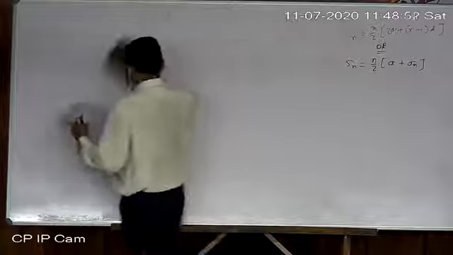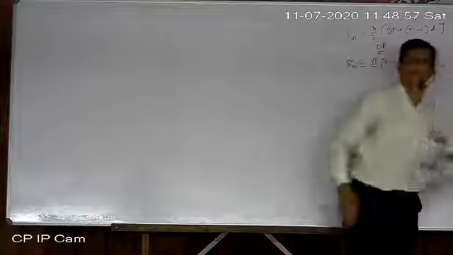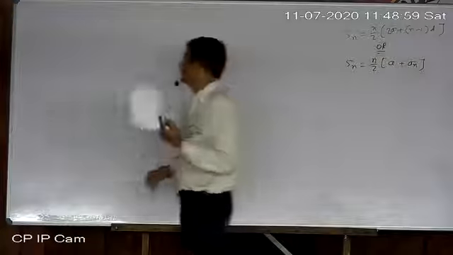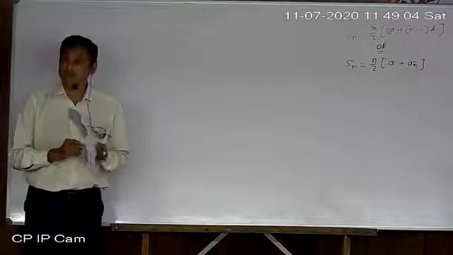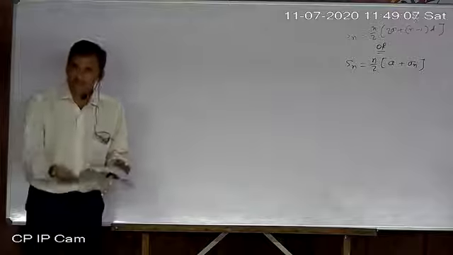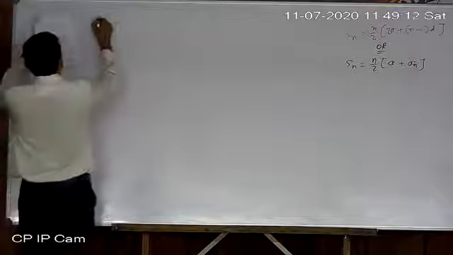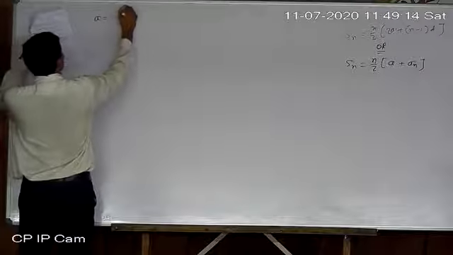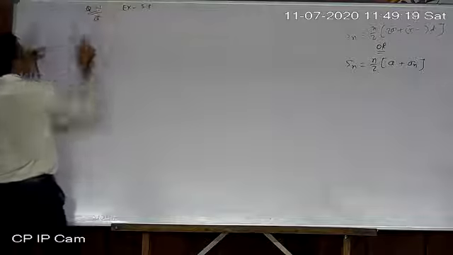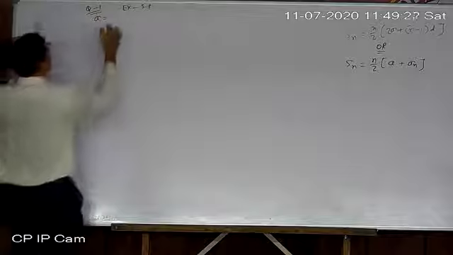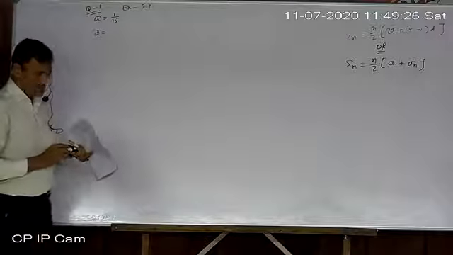Now, I take first of all number 4. Okay. All are of the same type. Only the numbers are given in different ways: in fraction, in decimals, in negative integers, in positive integers. Now, exercise 5.3, question 1. a equal to 1 by 15. d equal to, I don't know, I cannot say.